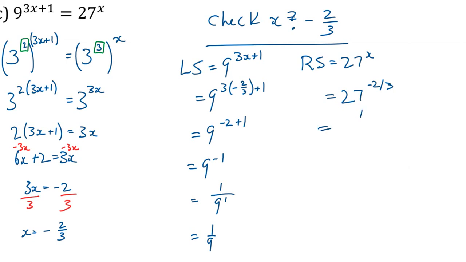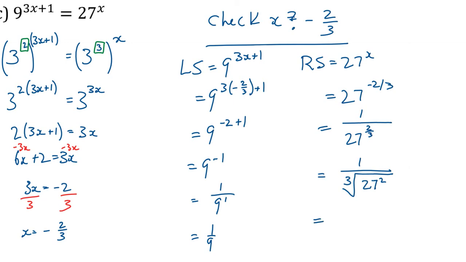This is 1 over 27 to the positive 2/3. And now this is where what we were just doing a few days ago, rational exponents, so fractions as exponents. And remember what this means is the denominator, if this is 2 over 3, the denominator goes into the root symbol, and the numerator, the 2 that was on top, becomes the exponent.